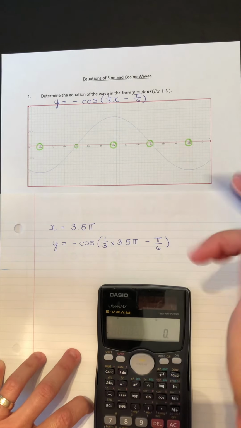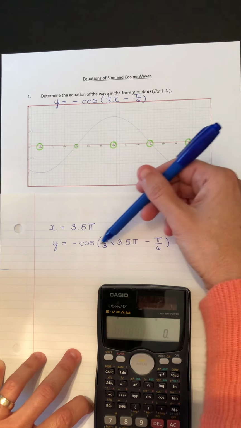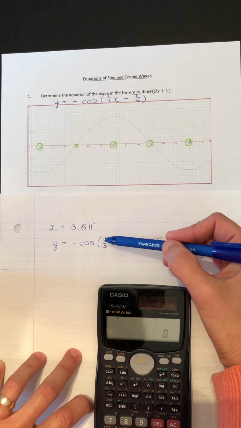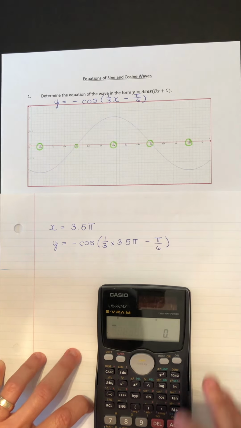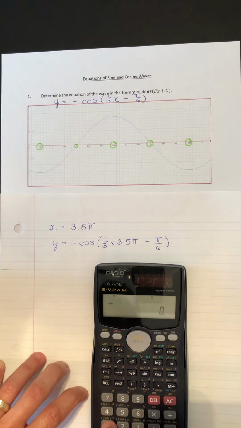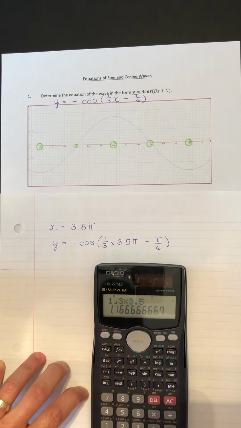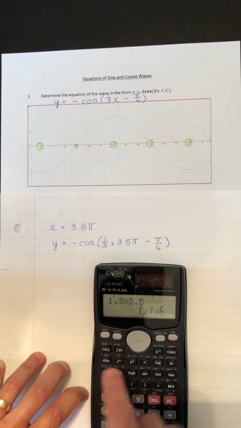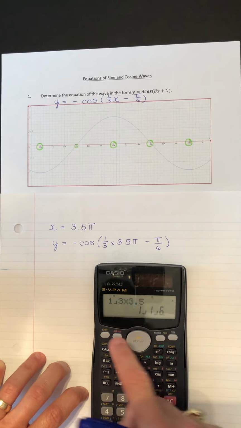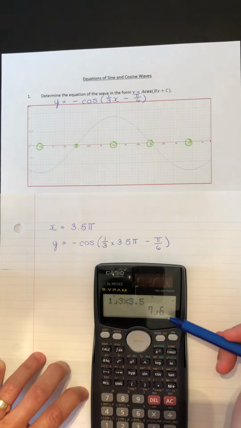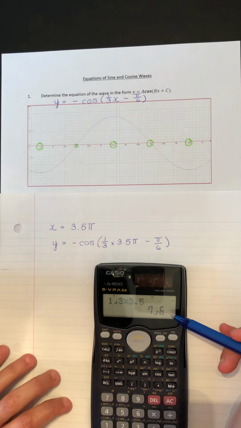But as I said, I would like to work this out a little bit first. So what is 1/3 times 3.5? So 1/3 times 3.5 is, okay, I don't want to write down this mess. 1 1/6, or shift fraction button again, 7/6 pi.